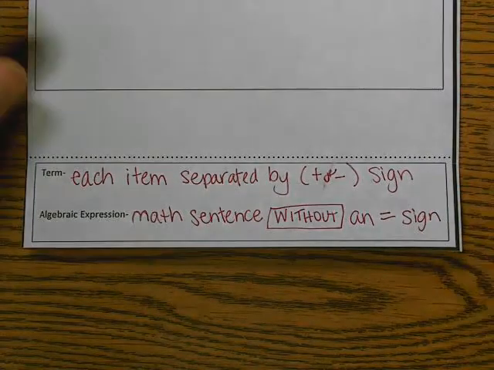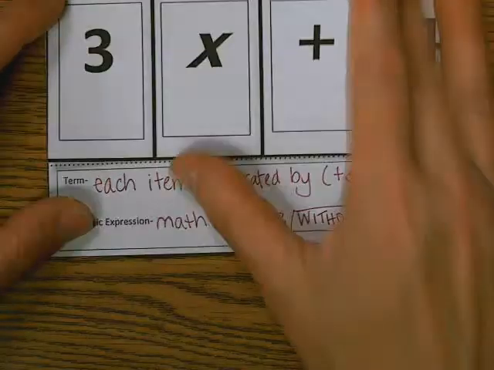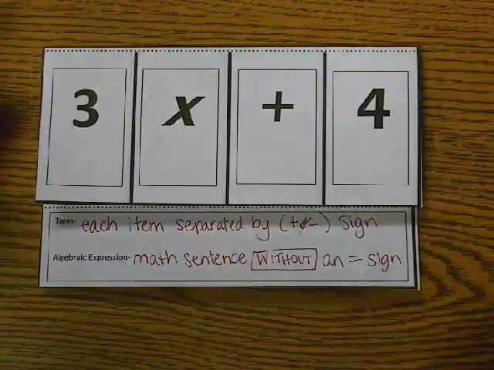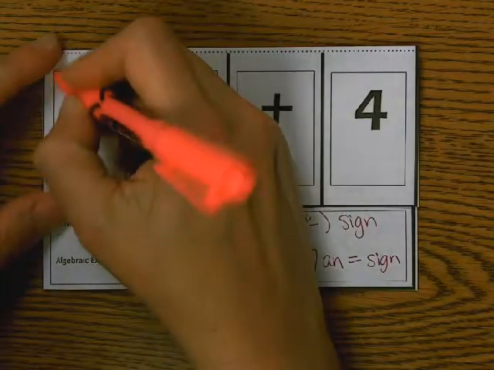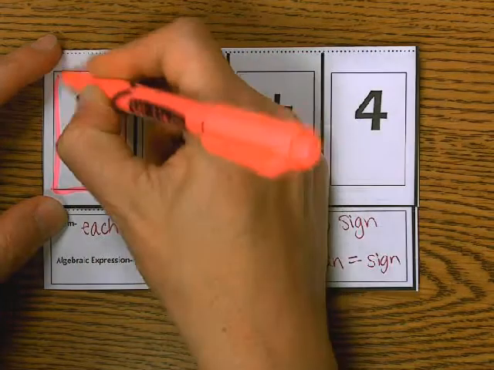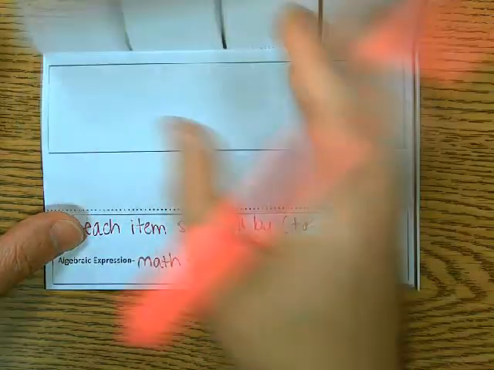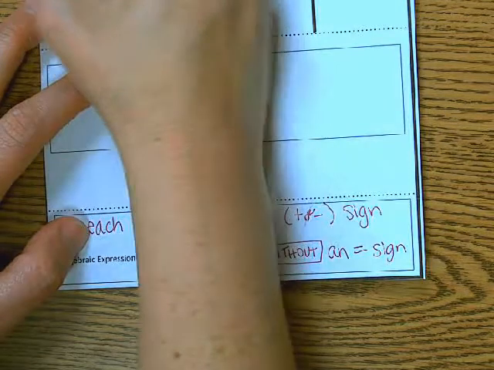Okay? Alright, so now let's talk about 3x plus 4. Now I'm going to use a bunch of different colored highlighters right now. And all of these things have names. So 3, that 3 in this expression is called a coefficient.